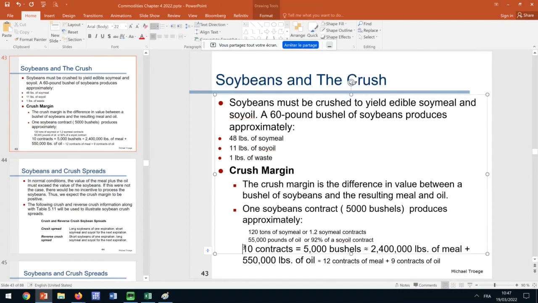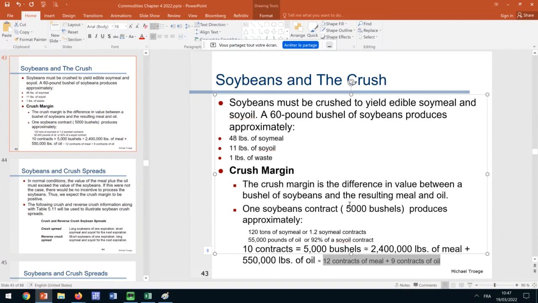10 soybean contracts will transform into 12 soy meal contracts and 9 soy oil contracts. So if you buy soybeans corresponding to 10 contracts, you can produce soy meal corresponding to 12 contracts and soy oil corresponding to 9 contracts.